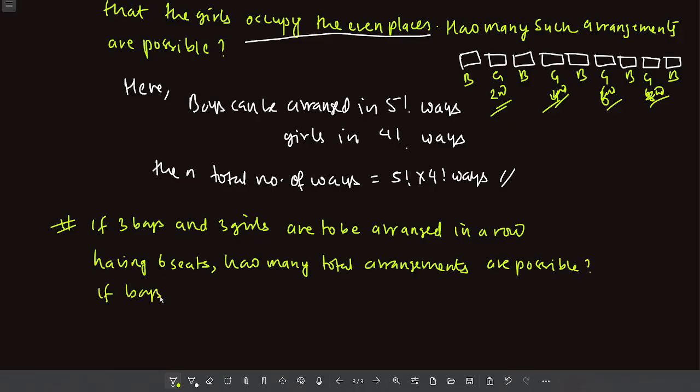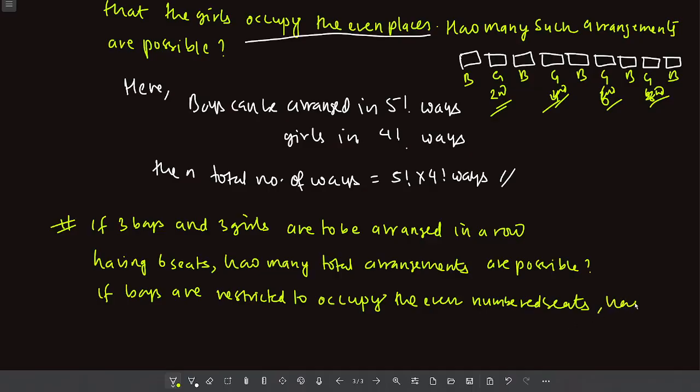If boys are restricted to occupy the even numbered seats, how many arrangements can be made?